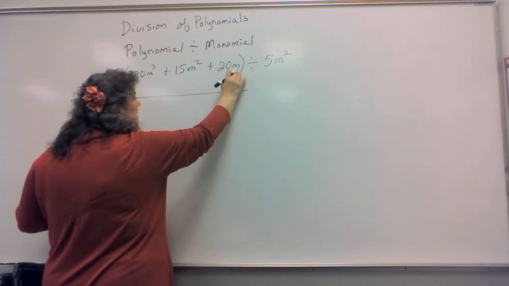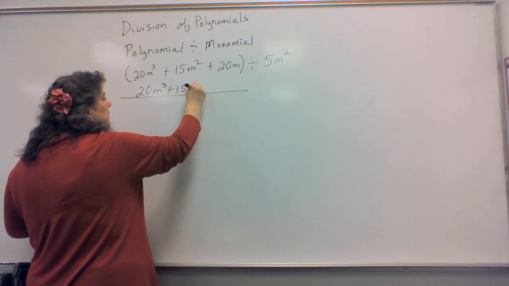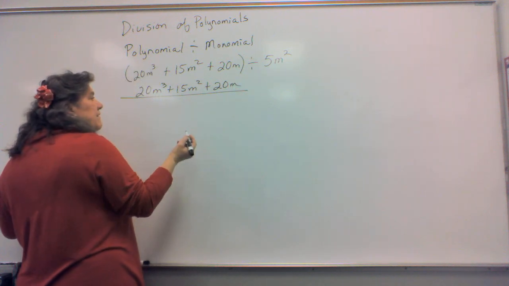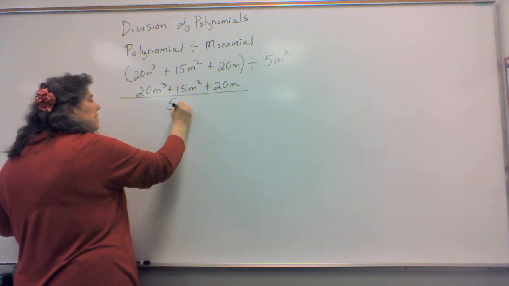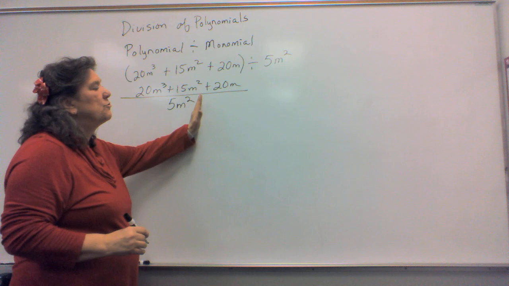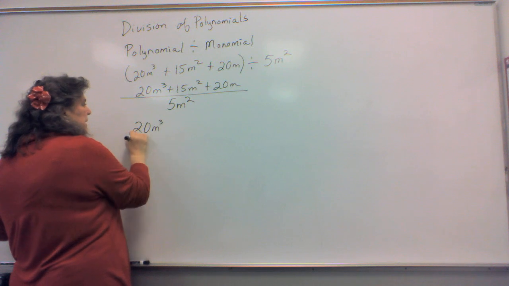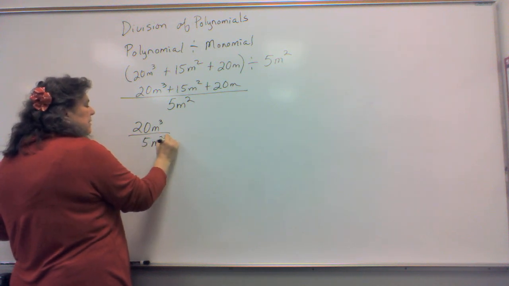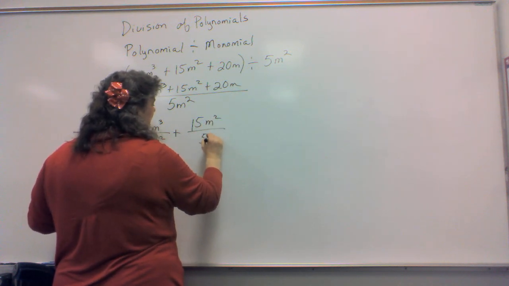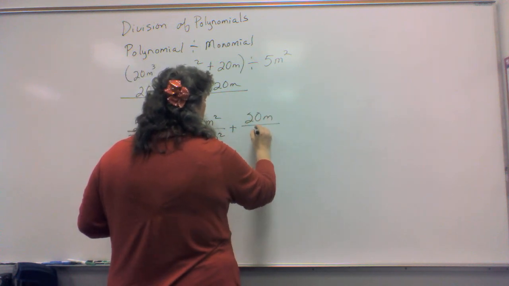So my polynomial goes in the numerator, in other words, the dividend, and now the divisor, which is 5m squared, goes in the denominator. Now your next step is to write this in 3 separate fractions. So I would have 20m cubed divided by 5m squared plus 15m squared divided by 5m squared plus 20m divided by 5m.